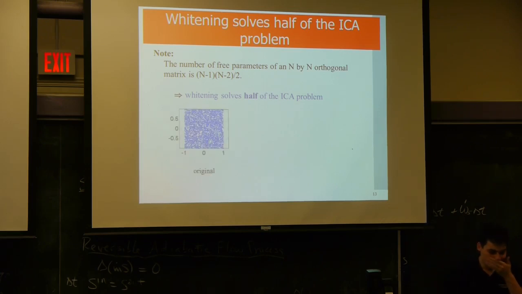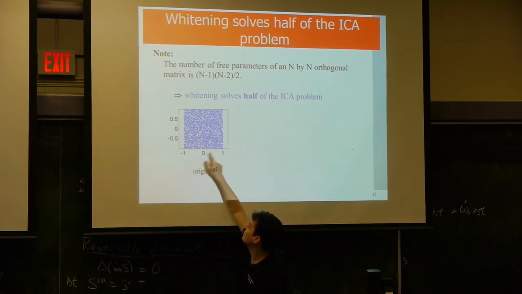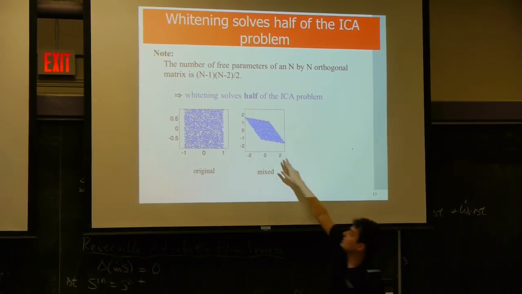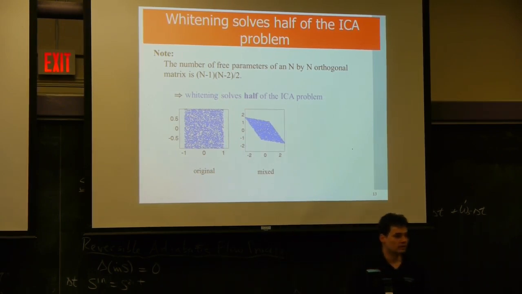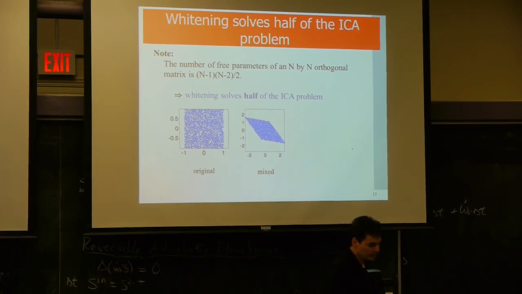Okay, so let's see how this looks when the original sources are just uniform. So we had a uniform distribution between -1 and 1. This is S1, this is S2. And the mixed sources will look like this. If you mix it with a 2x2 mixing matrix, and I plot our observations, they would look like this.